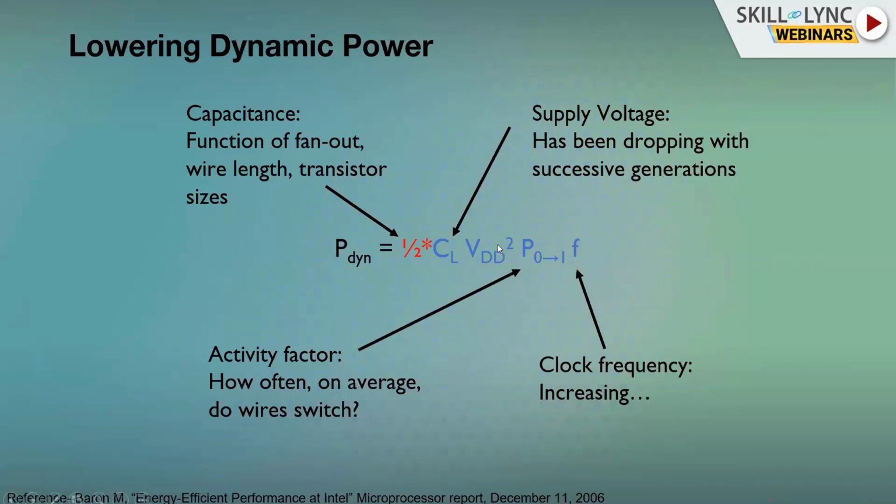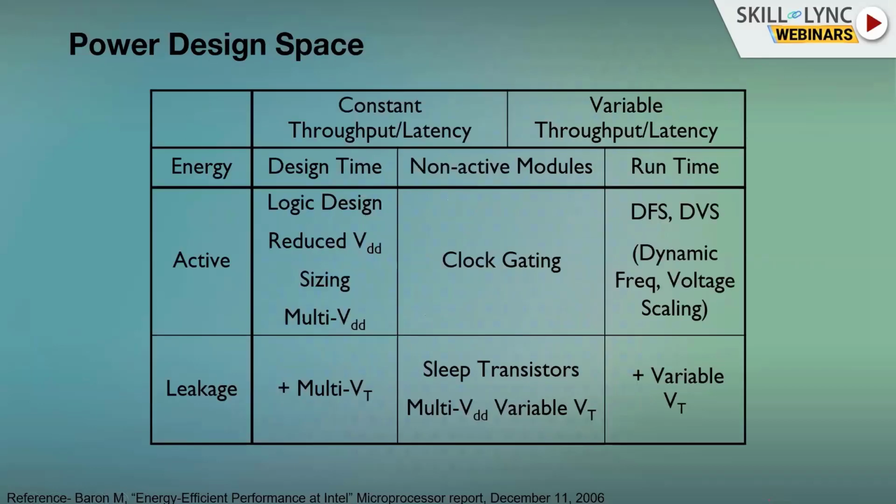If you understand this, then we'll go to the other things we are doing in terms of power reduction in the design space. If you have a constant throughput and latency, what can we do? One thing is to reduce your VDD. Another is to size your circuitry, and another is to use multiple VDD.